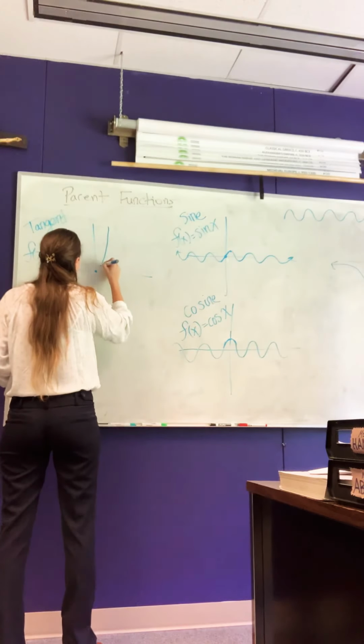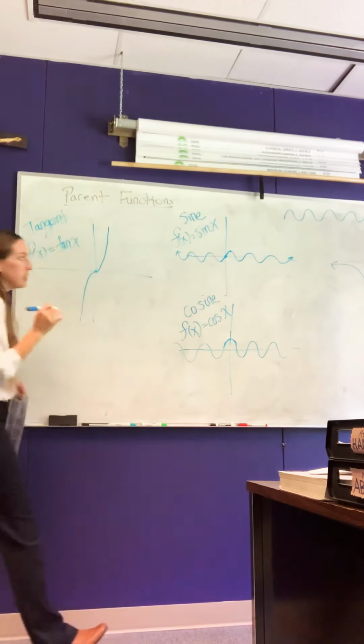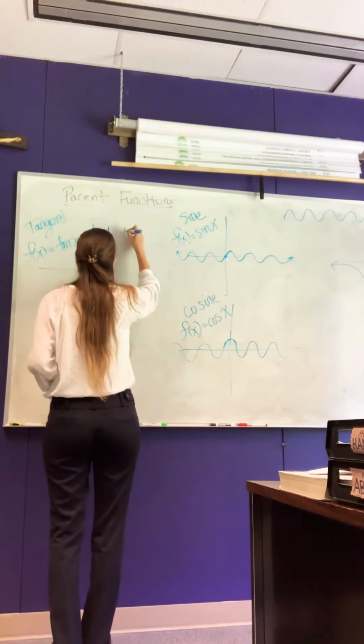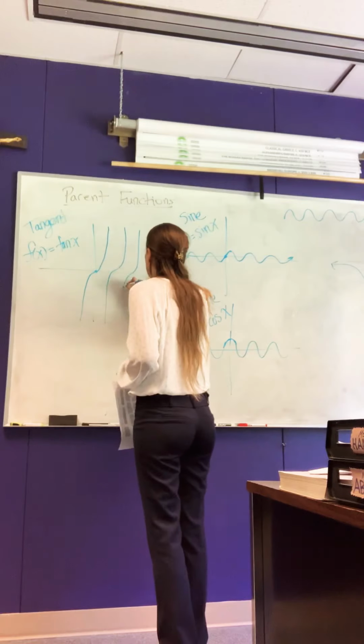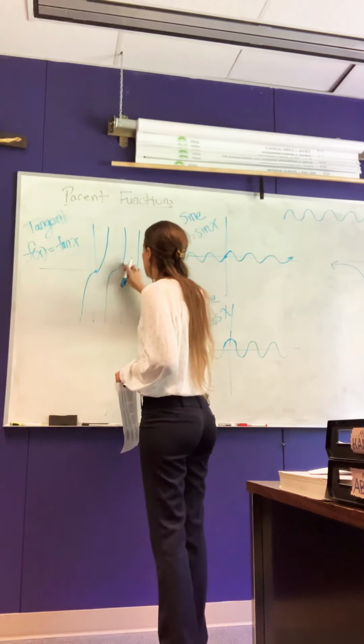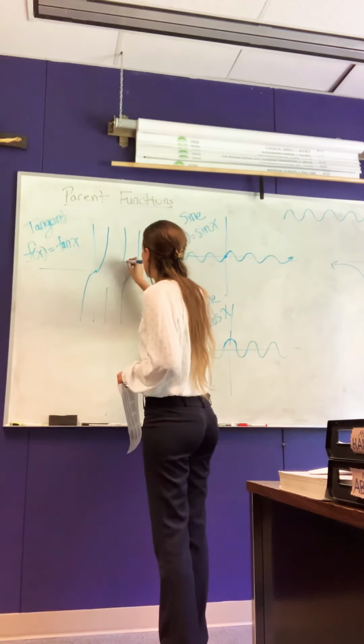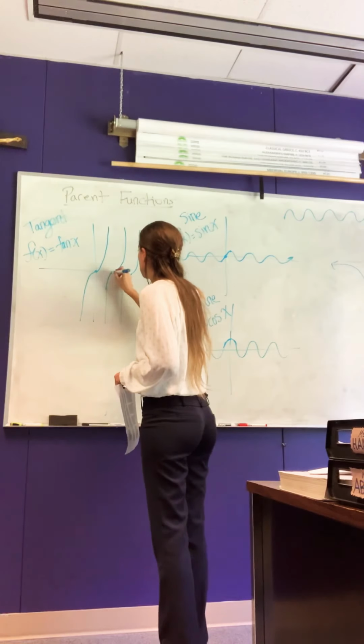The cubic one kind of looked like this, but these are going to be really narrow, and you do a bunch of them repeated. Where that shape changes should be where you're passing the x-axis.